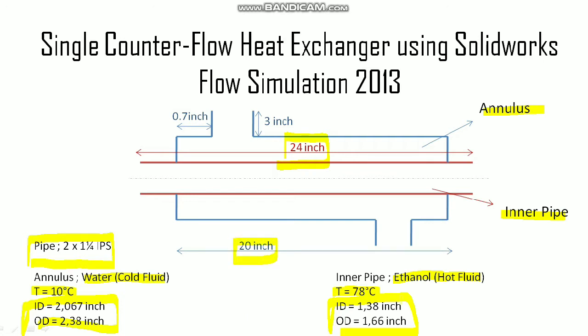The length of its annulus teeth is 3 inch, and the range of the teeth to the head is 0.7 inch. So that's all the data that we need to run the application. By using Solidworks 2013, we will know the range of temperatures that water and ethanol could reach after the heat exchanging process. Now let's move to the application.